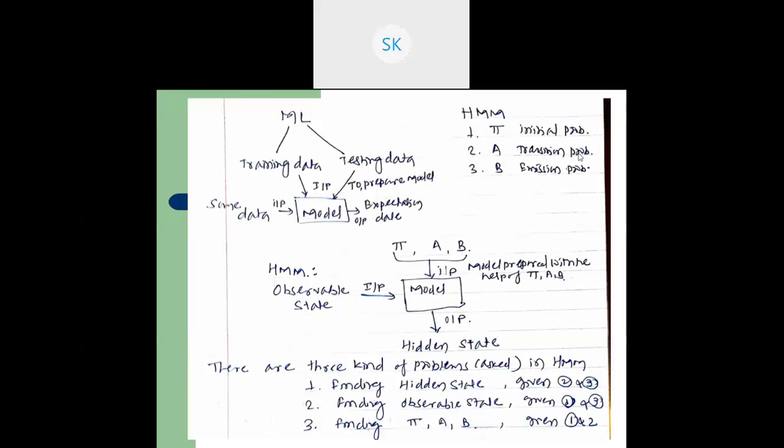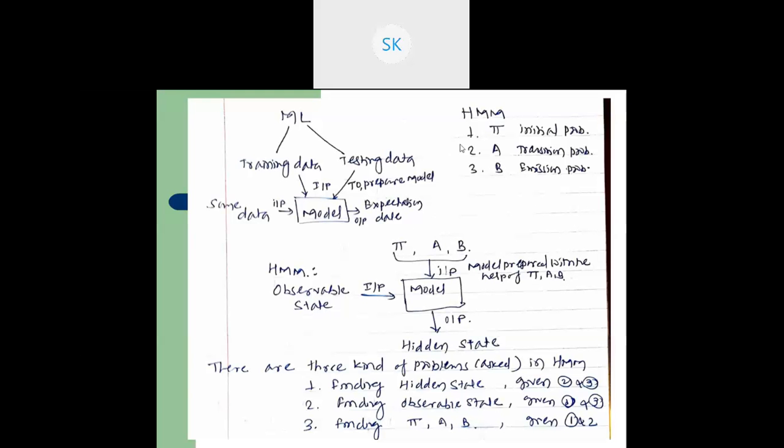Capital A leads in detail to small a_ij, and likewise the emission probability is small b_j. b_ii is not there, because we are not landing on a state, we are landing on the observations. So the initial, transition and emission probabilities are given as input for the model prepared with the help of this pi, A and B.